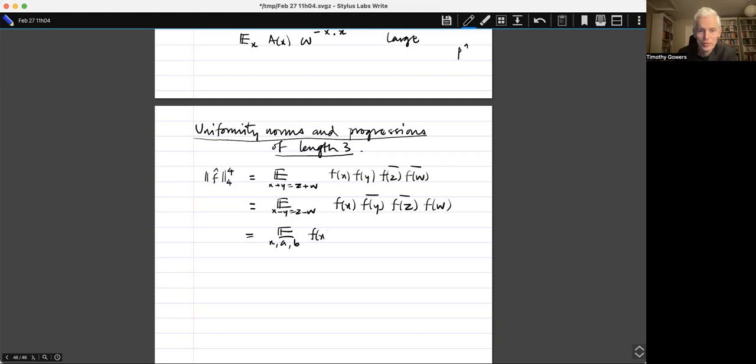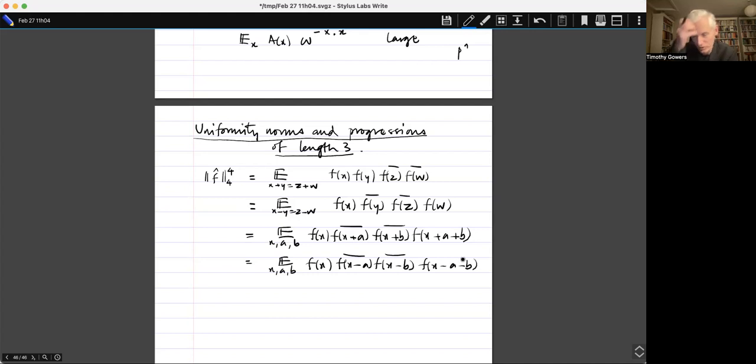It's equal to f(x) f(x plus a) f(x plus b) f(x plus a plus b). And another nice way, which I actually slightly prefer to the one above, is f(x) f(x minus a) f(x minus b) f(x minus a minus b).